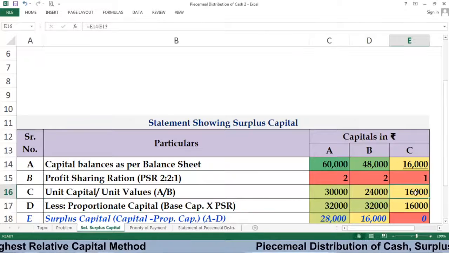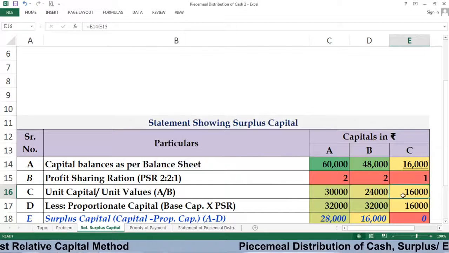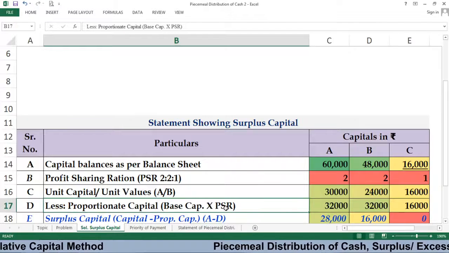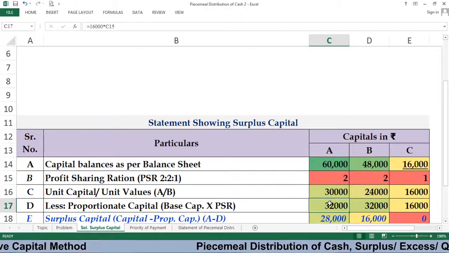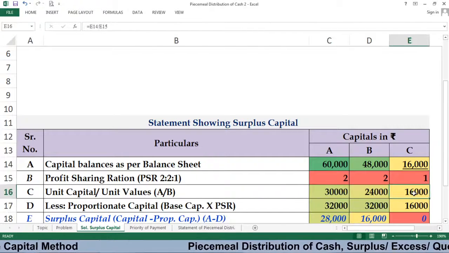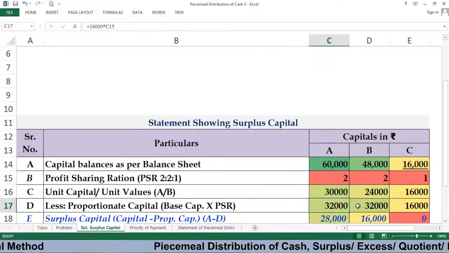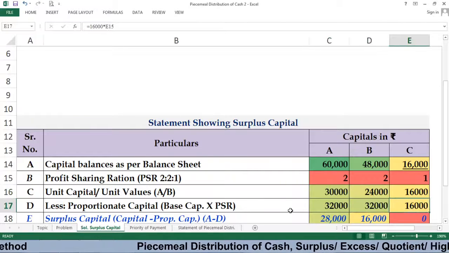Here the base capital is 16,000, which is of Mr. C. The formula is base capital into profit sharing ratio. So 16,000 into 2 comes to 32,000, and 16,000 into 1 equals 16,000. So this is our proportionate capital: 32,000 of A, 32,000 of B and 16,000 of C.